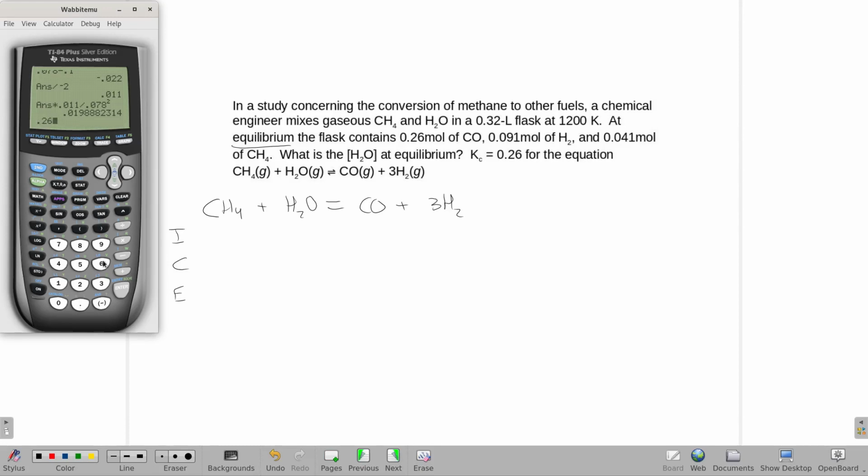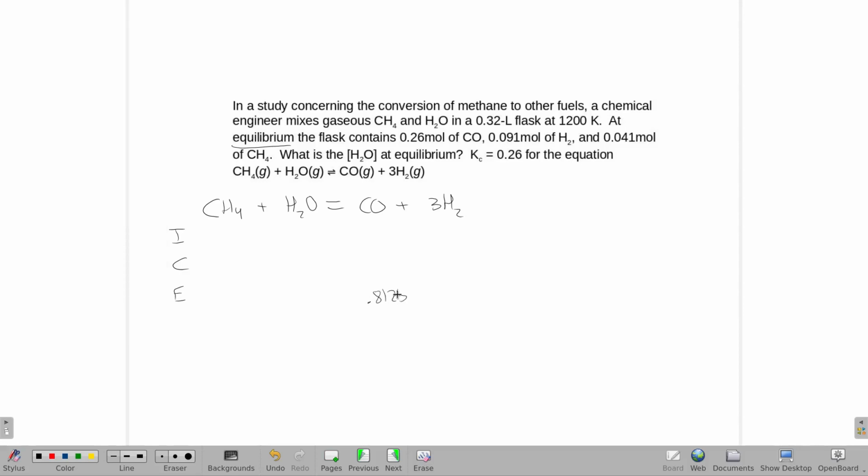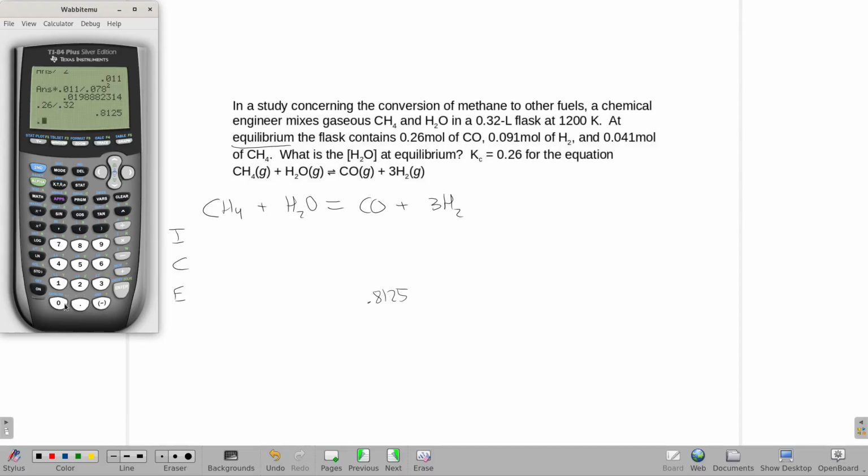So 0.26 divided by 0.32 tells us that the CO molarity is, I'm going to put all these digits down, 0.812625. And let's see, hydrogen is 0.091 divided by 0.32, and that is 0.2844.